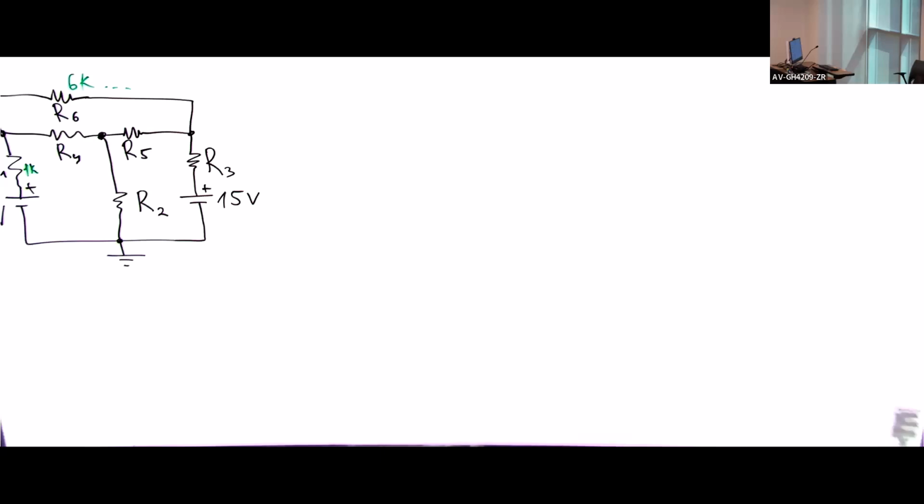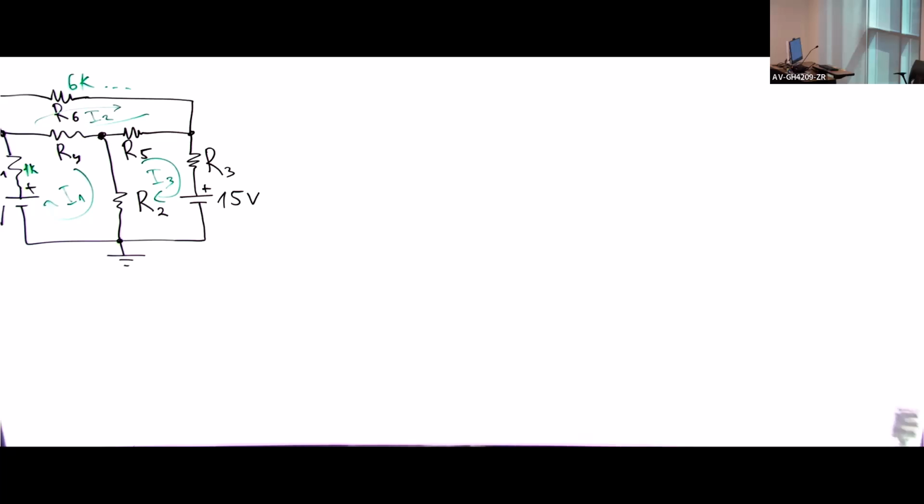This is the circuit that you want to find all of the currents in. So one of them will be I1, one will be I2, this one will be I3. You can choose any order you want, it doesn't matter really. Any order of loops.